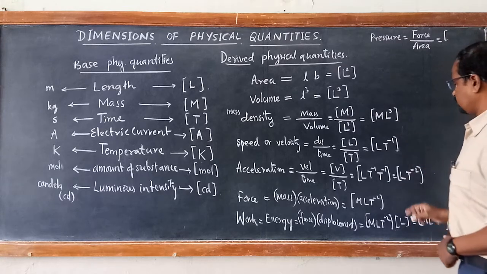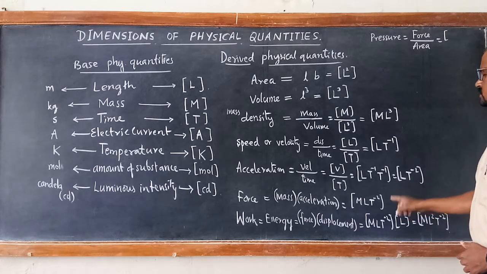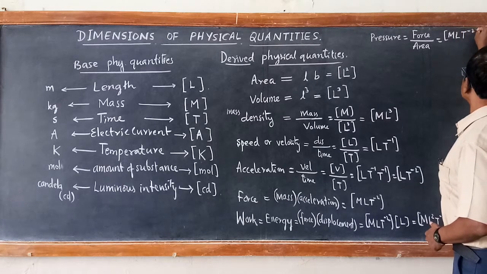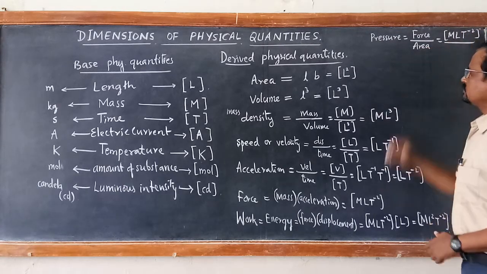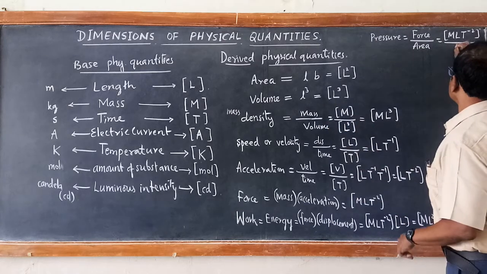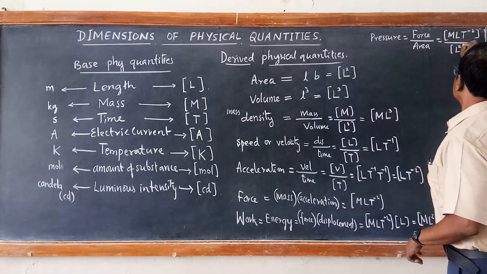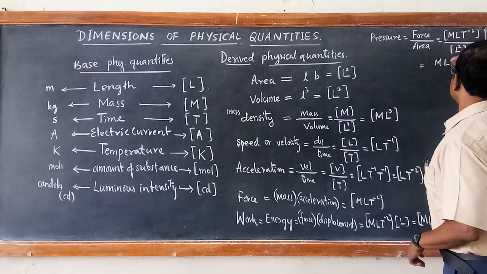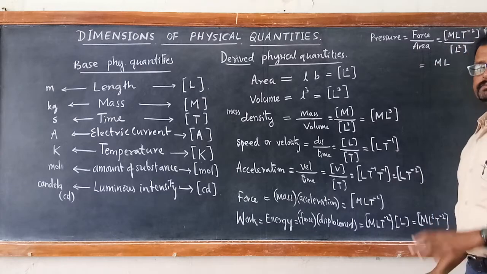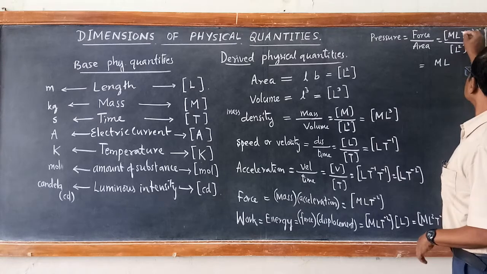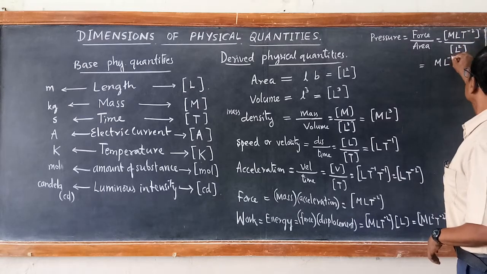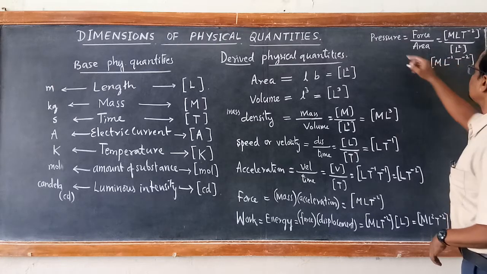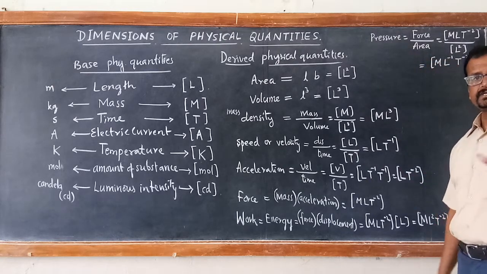Dimension of force we already got, M L T raised to minus 2, divided by the dimension of area, L square. Thus it becomes M, take this 2 to the numerator, it becomes L raised to minus 2. So L raised to minus 2 plus 1 becomes minus 1, T raised to minus 2. This becomes the dimension of pressure.